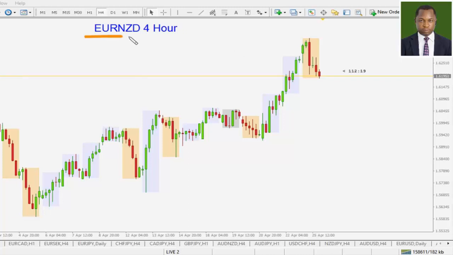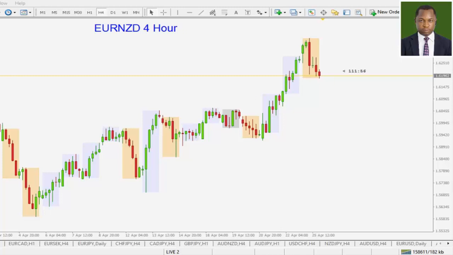This is the 4 hours time frame of the euro against the New Zealand dollar, and as you can see, it's a bit of a messy uptrend. The price has been swinging up and down, took off to the upside, and it seems we are coming back down. You will see that we have what looks more like a range in here. Looks like a sideways bias.